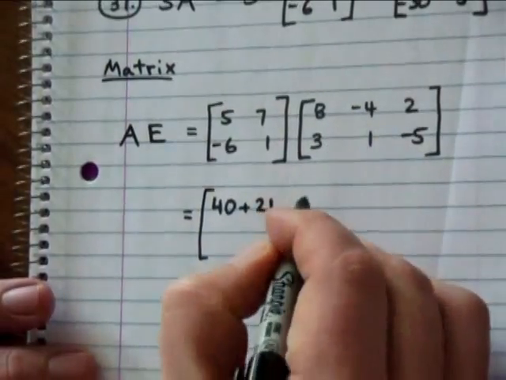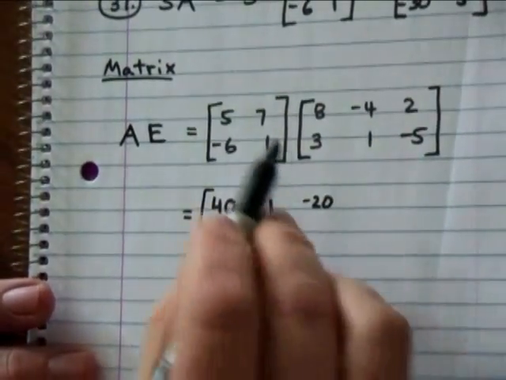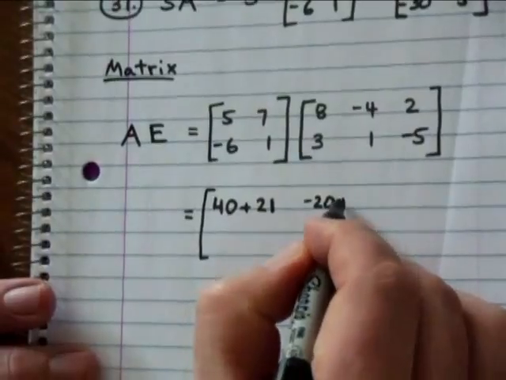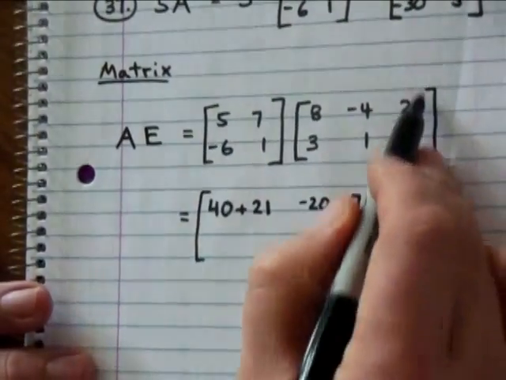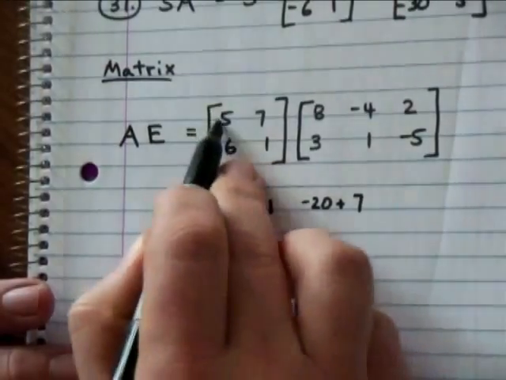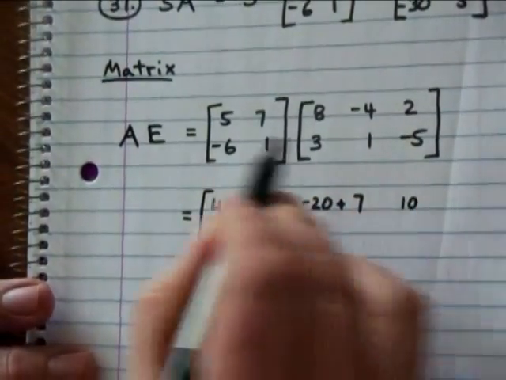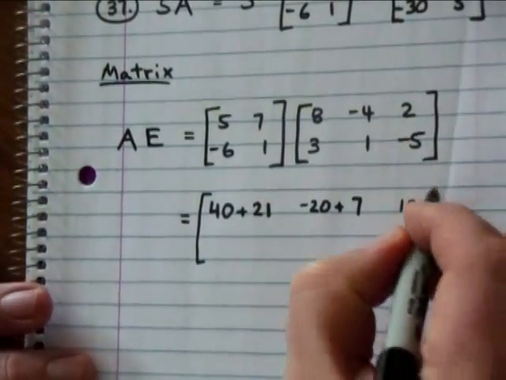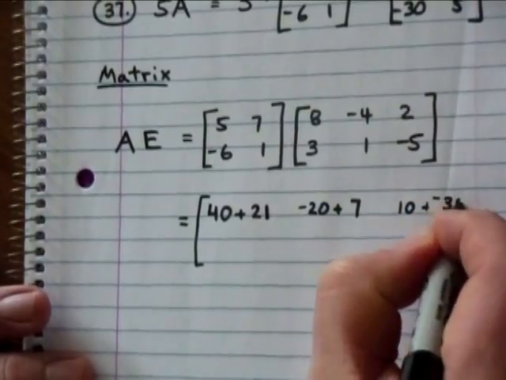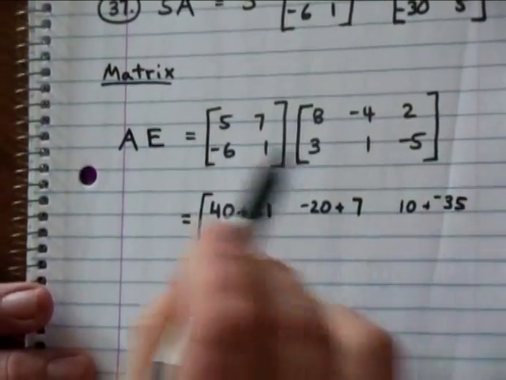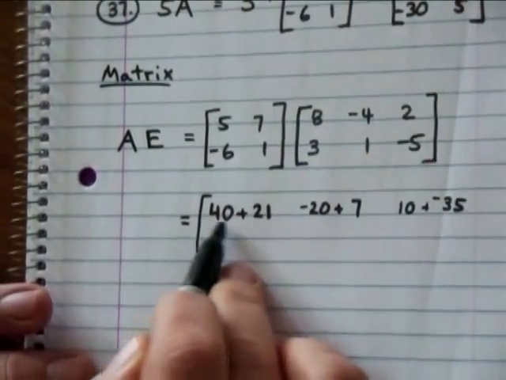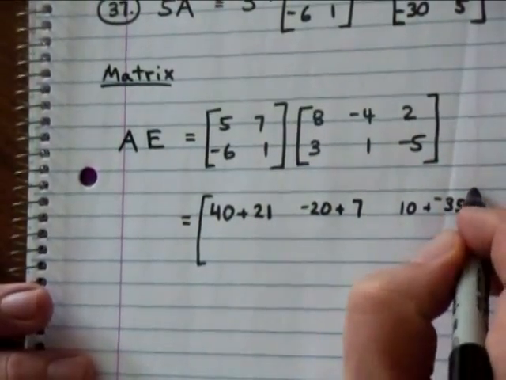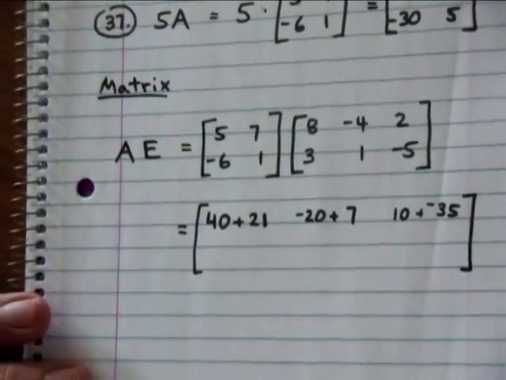So 5 times negative 4 is negative 20. 7 times 1 is 7. Then the first row times this third column. So 5 times 2 is 10. 7 times negative 5 is negative 35. So now we've taken the first row times all of the columns, so I know that my first row of my resulting matrix is complete.